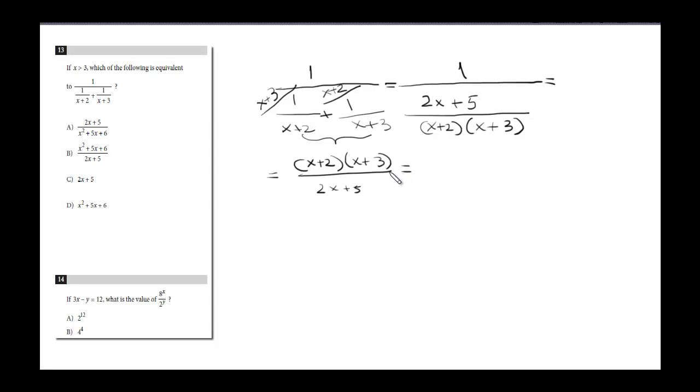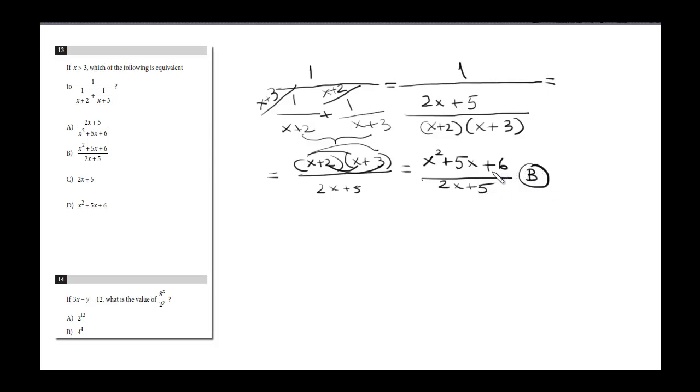If we look at the options given here, only option B has 2x plus 5 at the denominator. And if we check the numerator, indeed it is going to be x squared plus 3x plus 2x, that is plus 5x plus 6, which is exactly answer B.